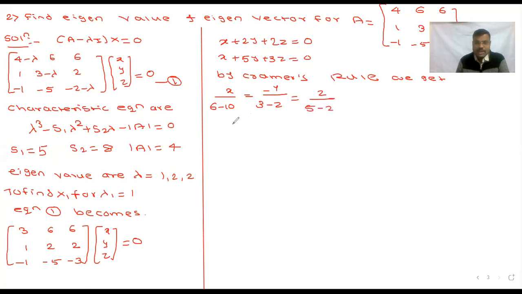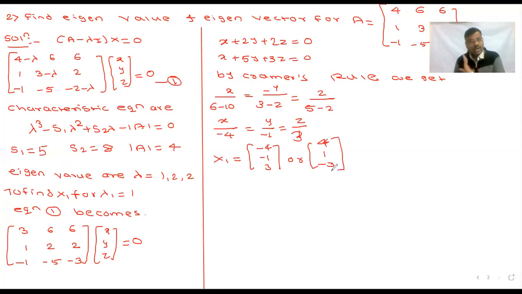With simplification we got the eigenvector: x divided by minus 4, y divided by minus 1, and z divided by 3. So the first eigenvector x1 equals minus 4, minus 1, 3, or 4, 1, minus 3. This is your first eigenvector x1.